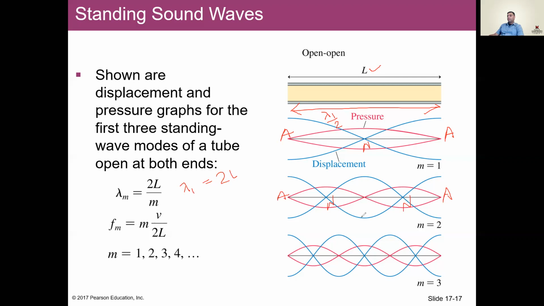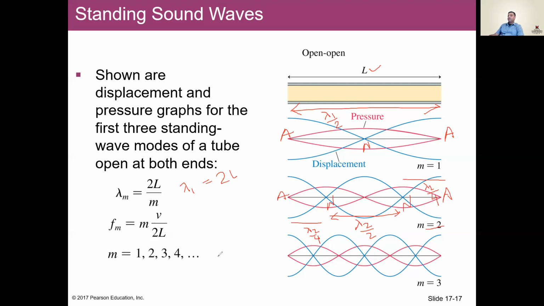Two nodes are separated by lambda over 2, and this is m equals 2, so I'm calling it lambda 2. Lambda 2 over 2, then you have this length equal to lambda 2 over 4, and this length equal to lambda 2 over 4.